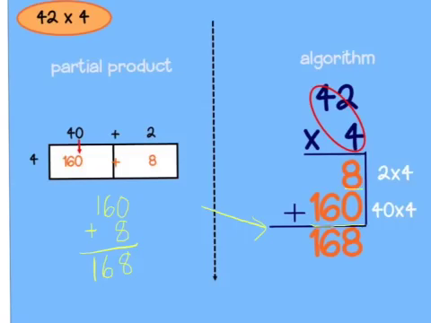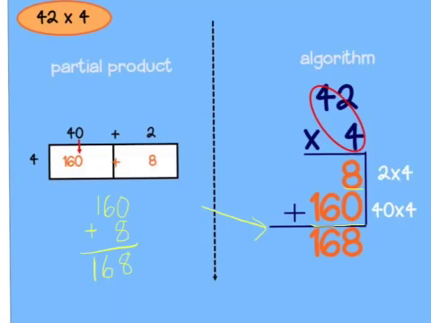I've just added those, and I've got 168. That's my answer. Again, partial product has been an easier strategy that we've learned along the way to guide us into using this algorithm that's more helpful for larger problems and doing it a little bit faster than setting up a partial product box.